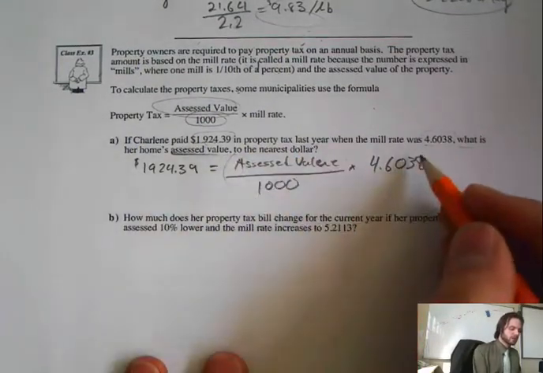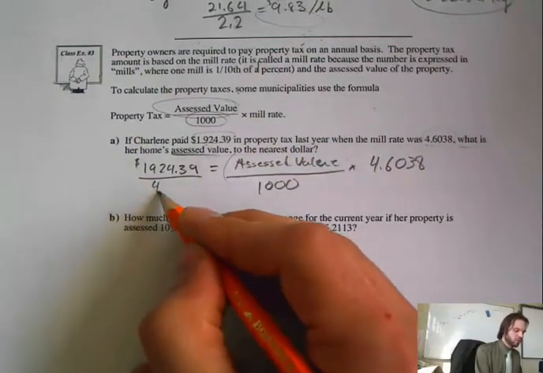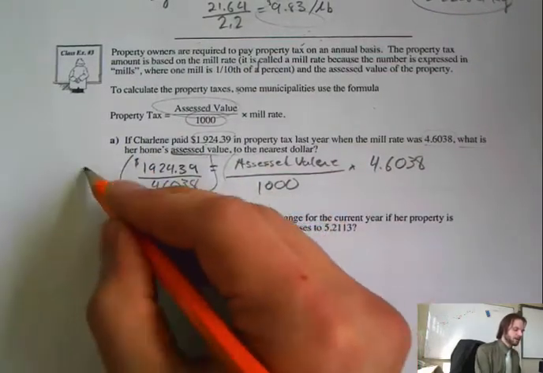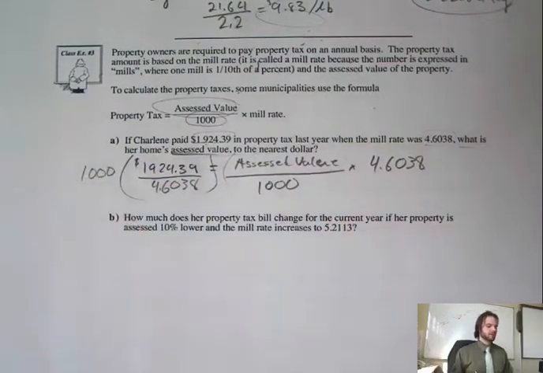So I'm just going to rearrange this. How am I going to rearrange this? I'm going to divide this by 4.6038, and then multiply it by 1,000. Okay?